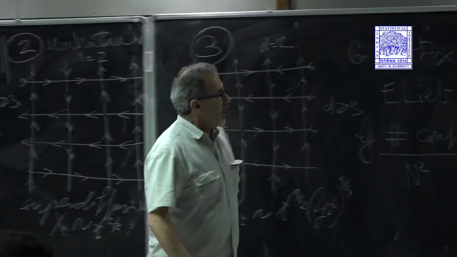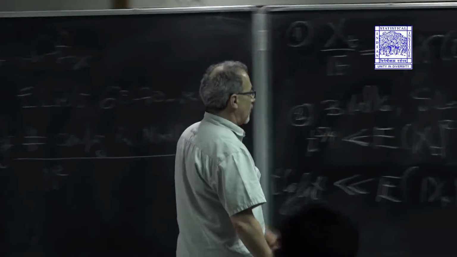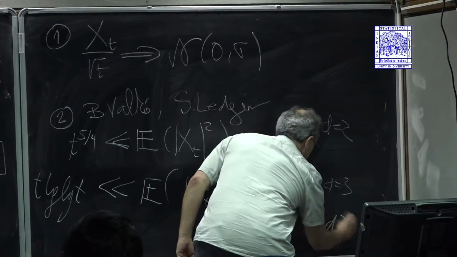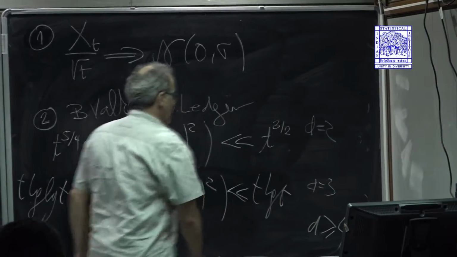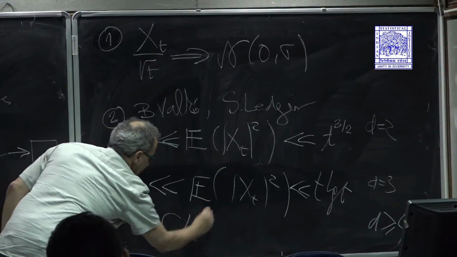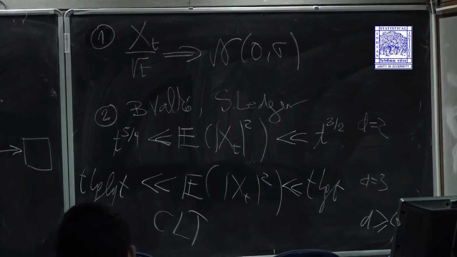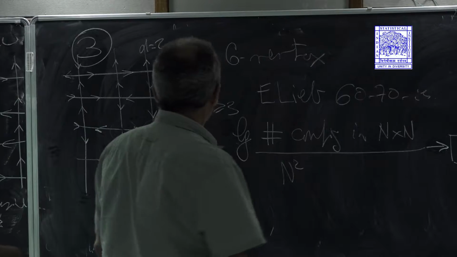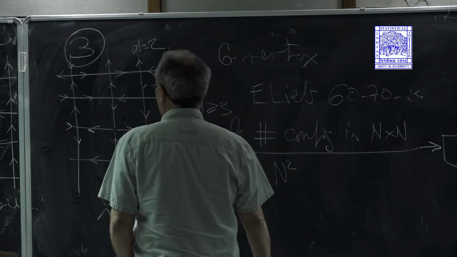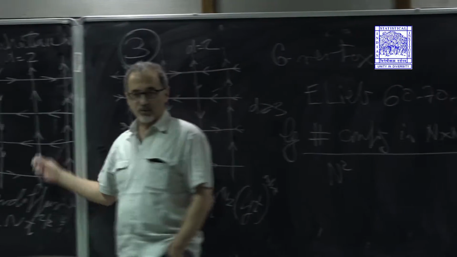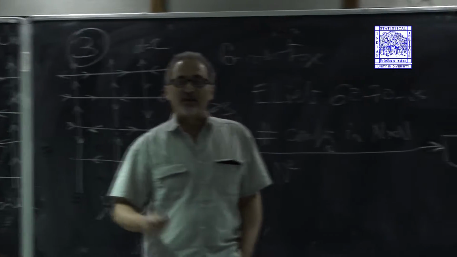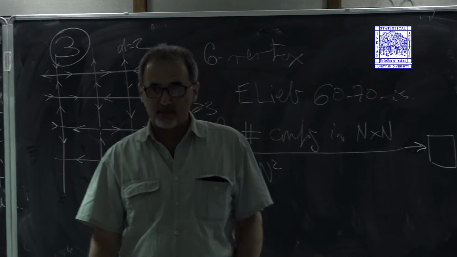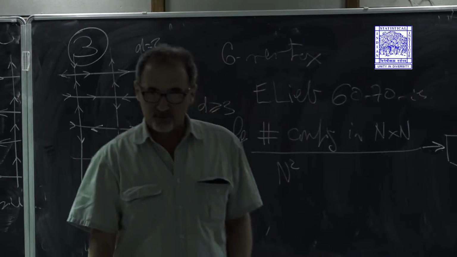Right. And in dimensions 4 and more, we have a central limit theorem with square root of time. So there is a critical dimension. Up to 3 dimensions, it's super diffusive. In 4 and more dimensions, for this example, it is diffusive, I mean scaled by square root of time, and you get a central limit theorem.